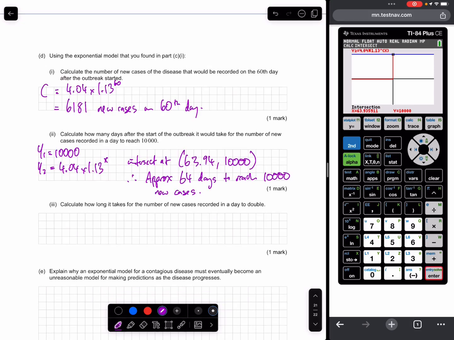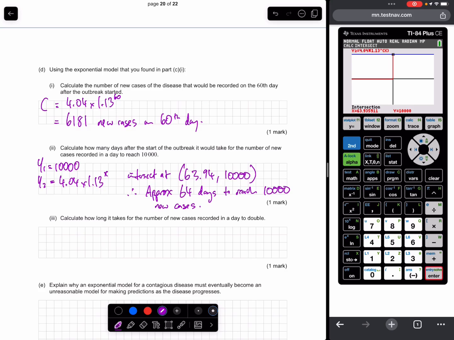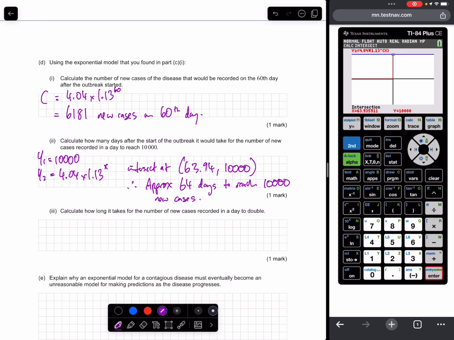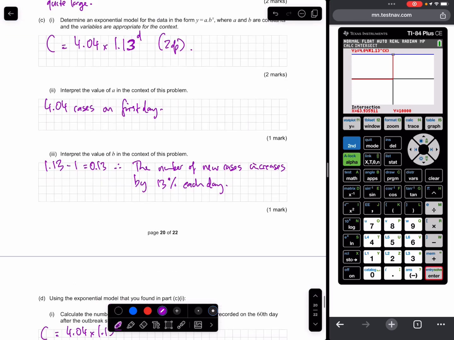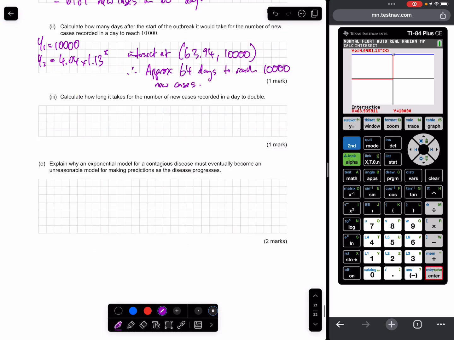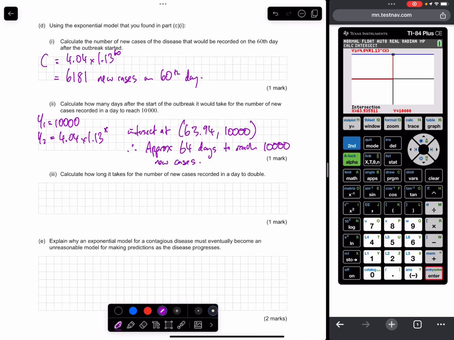Calculate how long it takes for the number of new cases recorded in a day to double. This is tricky. We don't have any other data here, so we're going to start off with 63.94 to reach 10,000.